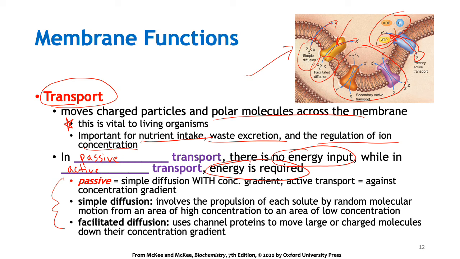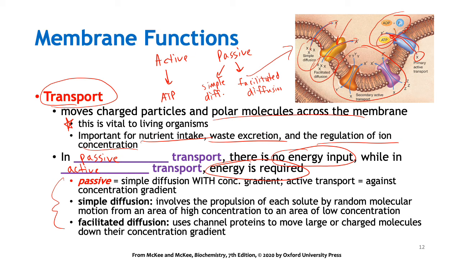So you have active, which requires ATP, because you're going against the concentration gradient. And then you have passive, and there's two types: simple diffusion, and then you have facilitated transport or facilitated diffusion.